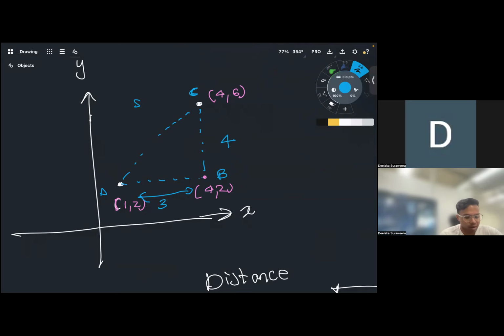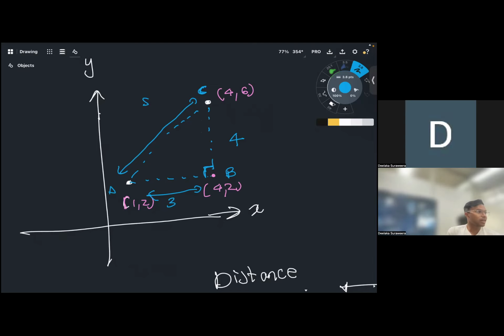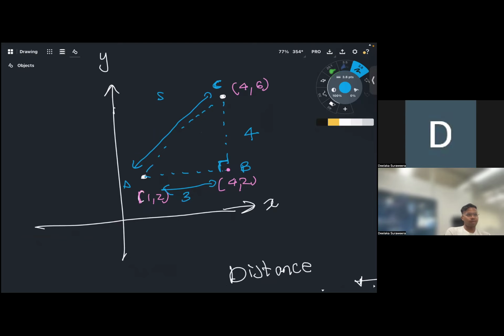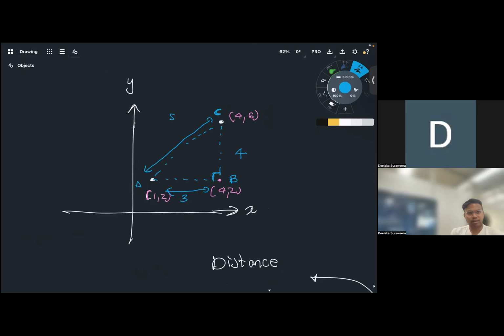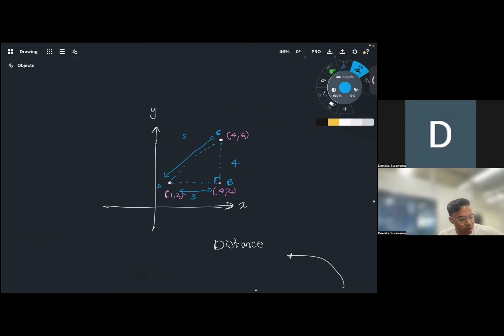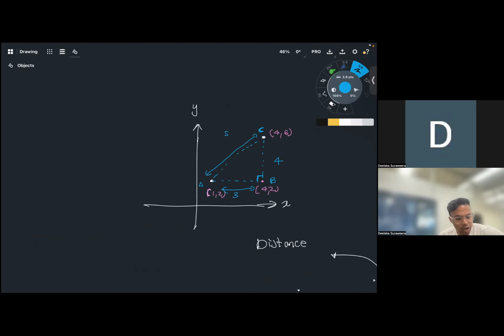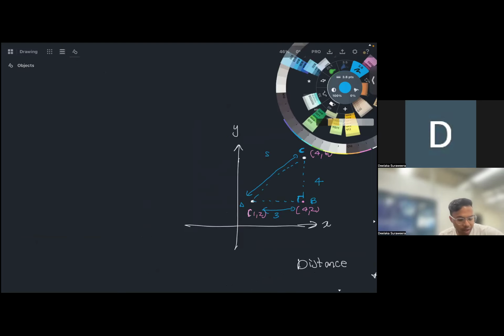That means this is like a Pythagoras triangle. Distance is the length, the hypotenuse, of this triangle. Make sense? And that is the idea. Pythagoras is the idea. Now if you generalize this to any two points, you can get a formula.